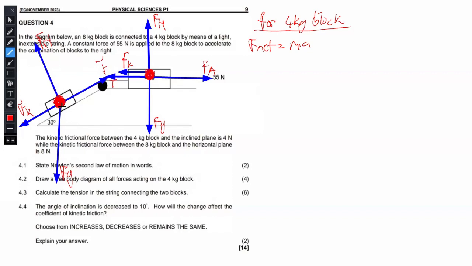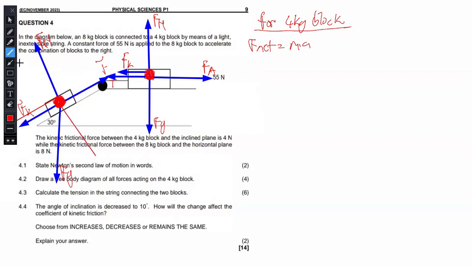So for the people that do not prefer resolving, this is the catch here. You need to always remember that when calculating your F net, you need to include the Fg parallel. And the Fg parallel is always acting down the slope.